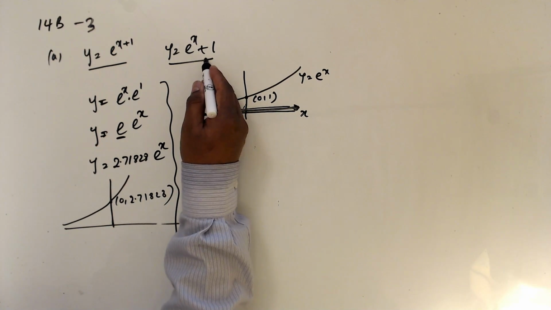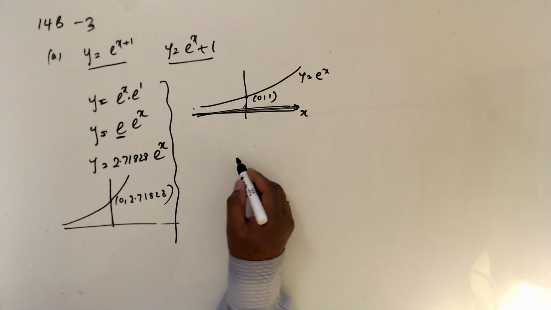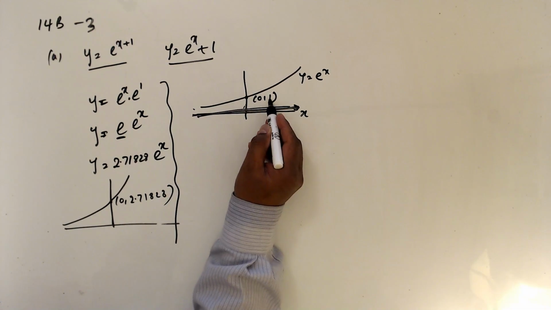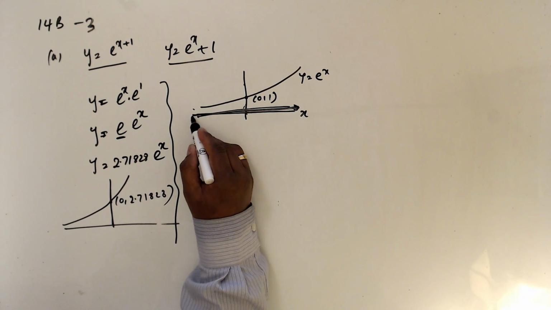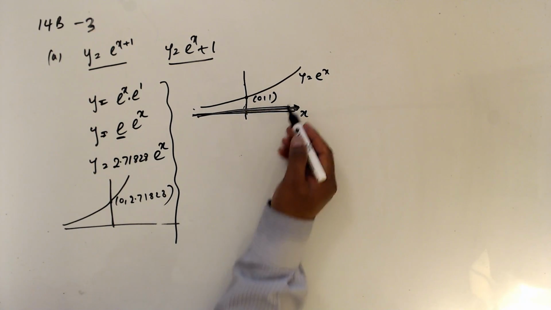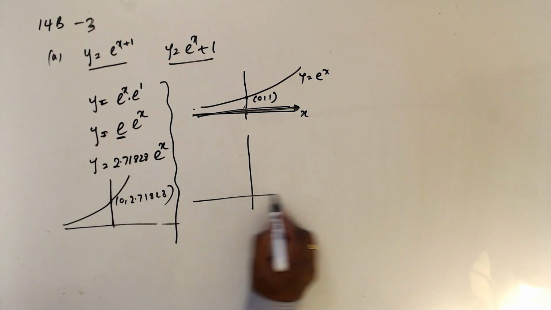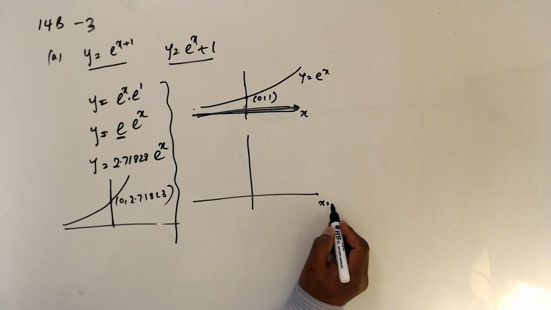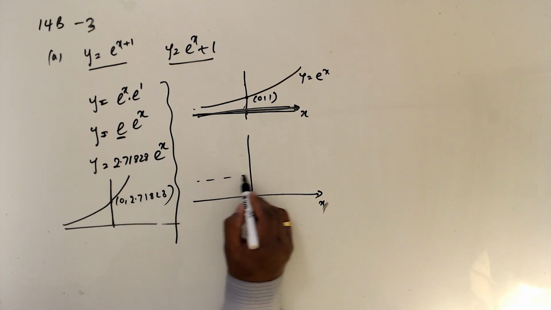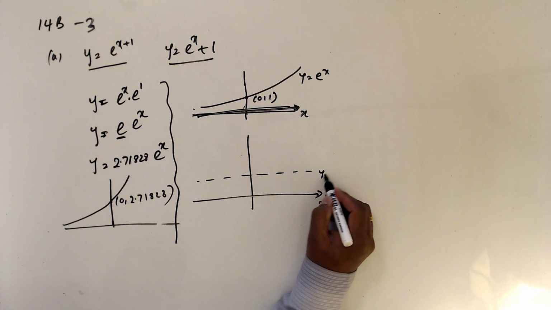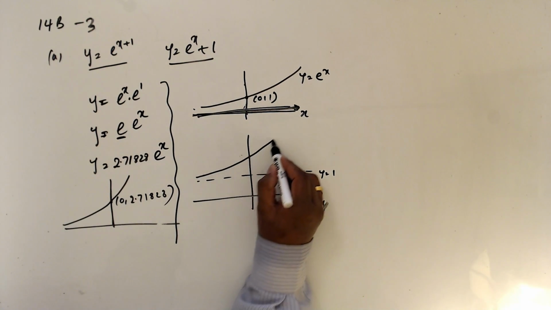Now I want to shift this e^x graph up by 1 unit. It means this 1 becomes 2 and the horizontal asymptote becomes y equals 1. So basically this is the x-axis, that is y equals 1, and this is the curve.